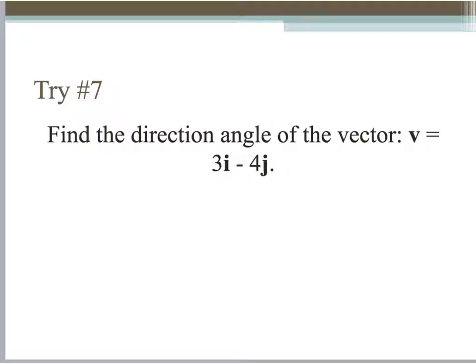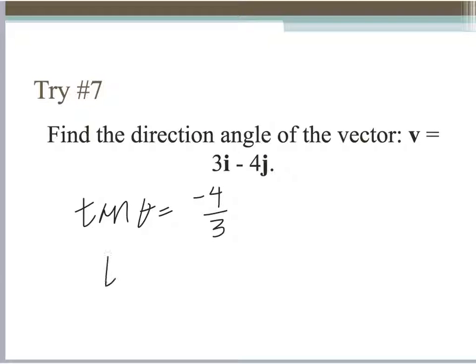Okay, and Try 7 says find the direction angle of the vector 3i minus 4j. So again, same deal. We use these basic ones for tangent in this form. So again, b over a would be negative 4 over 3.